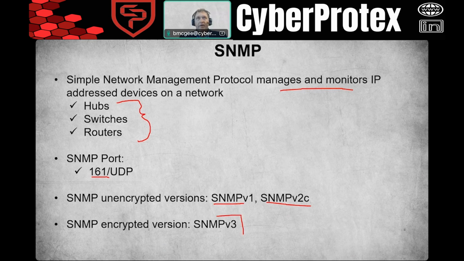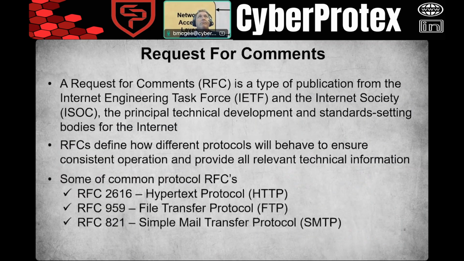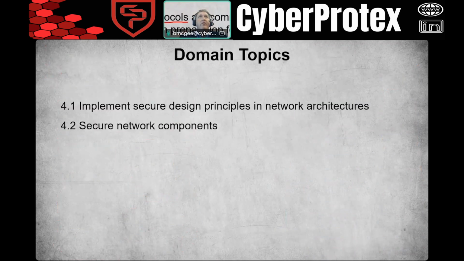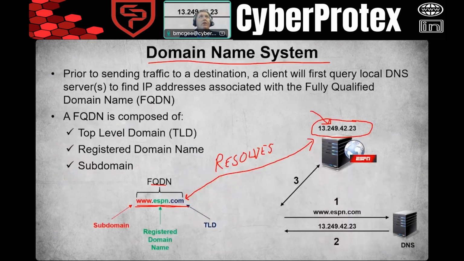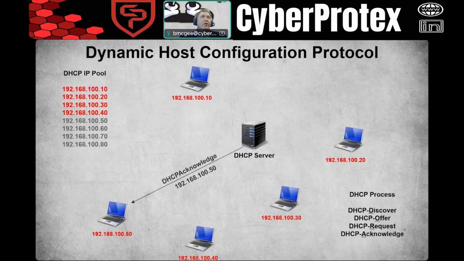But many modern-day devices are now running the encrypted version of SNMP. Any devices coming out nowadays are backwards compatible, but we should typically try to use the new SNMP version 3 because it is much more secure.